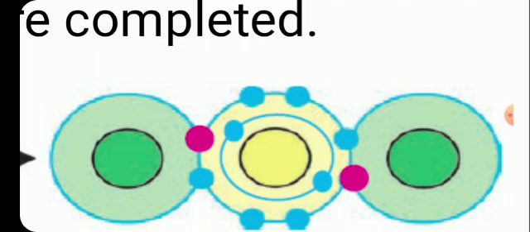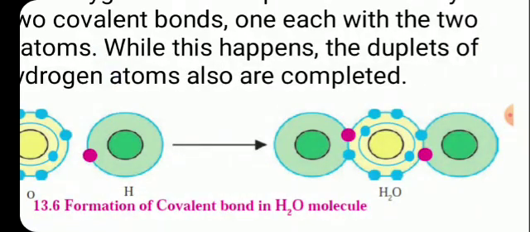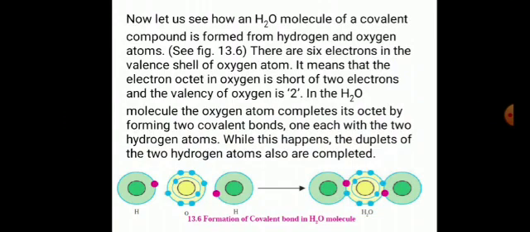In this way, oxygen atom shares 2 electrons with 2 hydrogen atoms, and water molecule is formed. So the water molecule can be written like this: H dash O dash H. Means oxygen atom has formed 2 covalent bonds with 2 hydrogen atoms. This is how water molecule has been formed by covalent bond. Clear to you all?